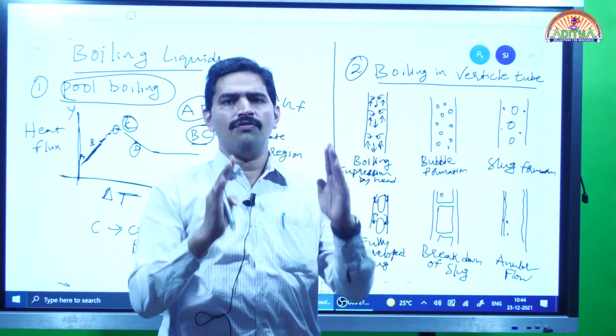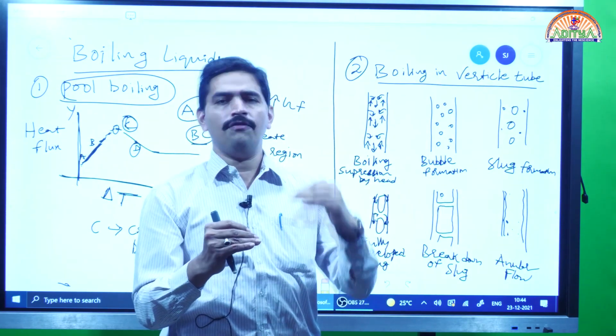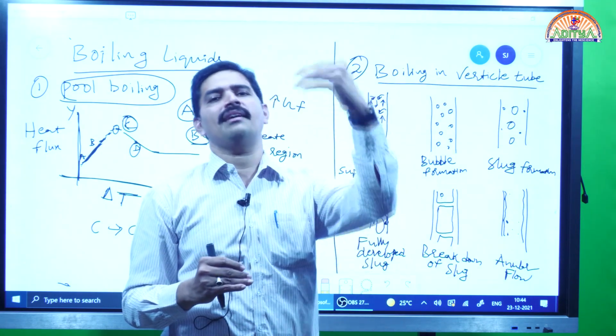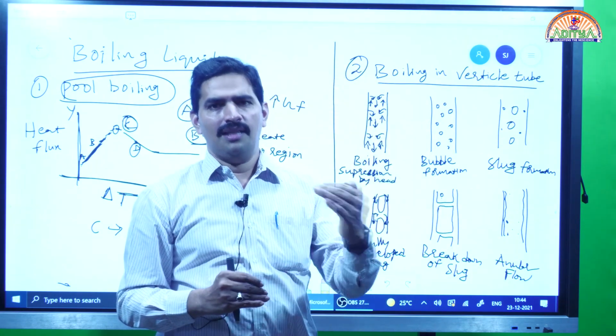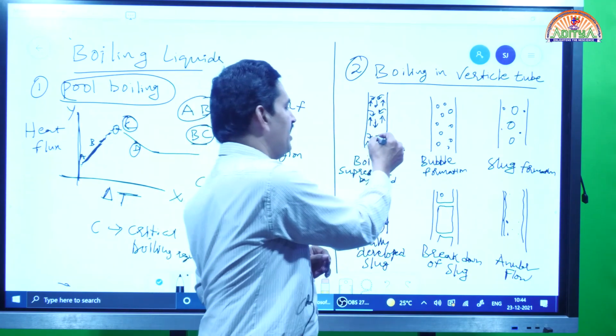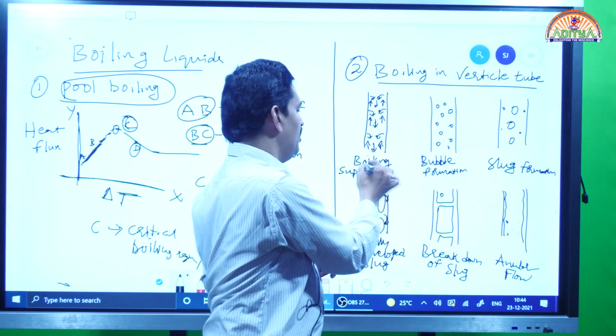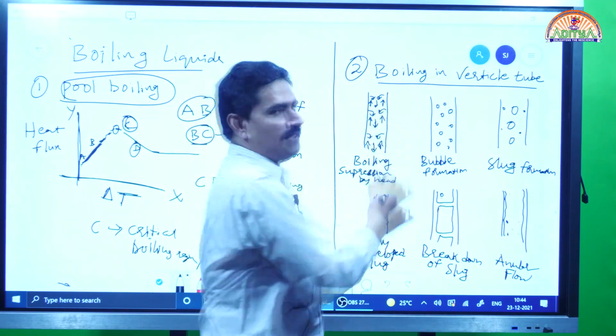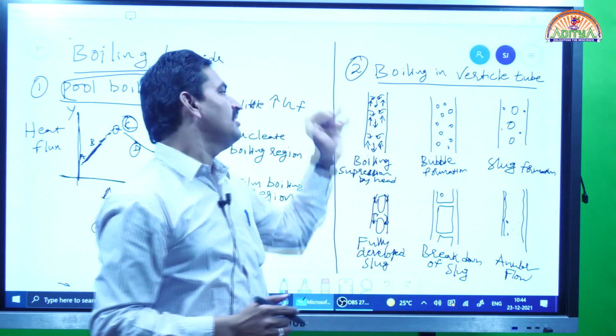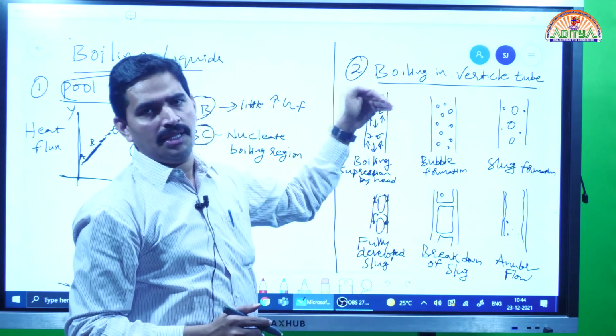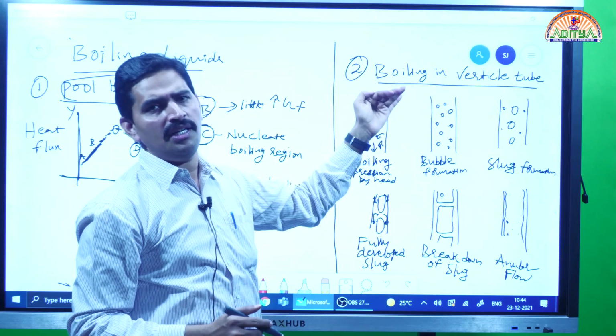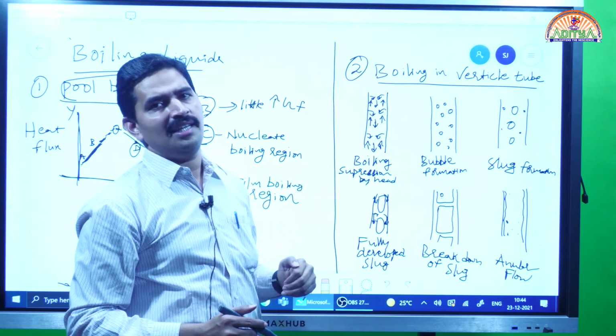So the rising of one layer is suppressed by the layers which are present above that layer. So initially boiling is suppressed by means of the head. Head means whatever layers are present above the underneath layer.